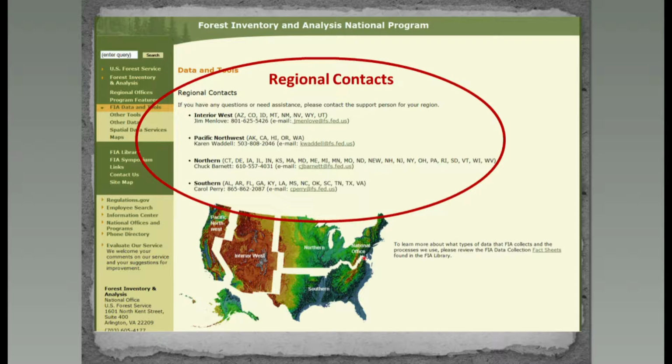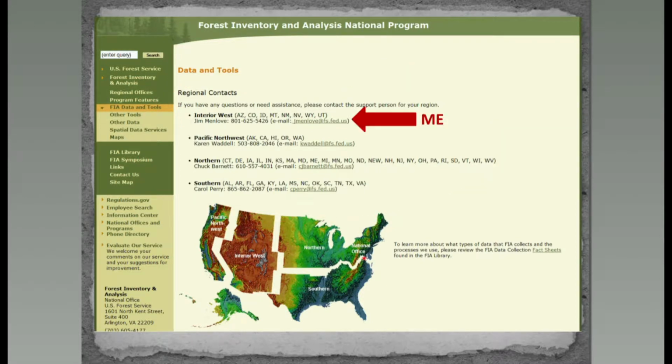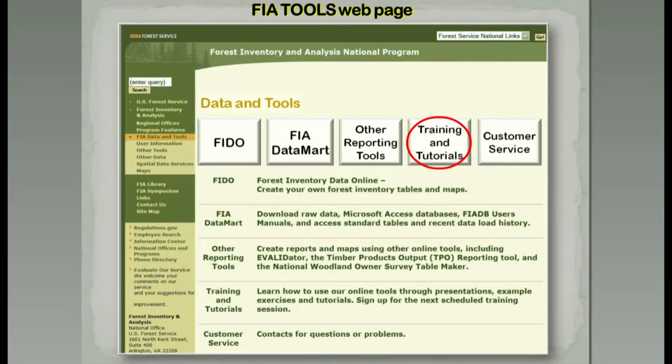There's lists of states by each contact. It tells you which states they're responsible for, and they can help you the most. At the top of the list, you'll see me. So my contact information, my phone number, my email is right there. And if you scroll down further, you'll get links to the regional sites and the names of the program managers. You'll get Michael's name down there too.